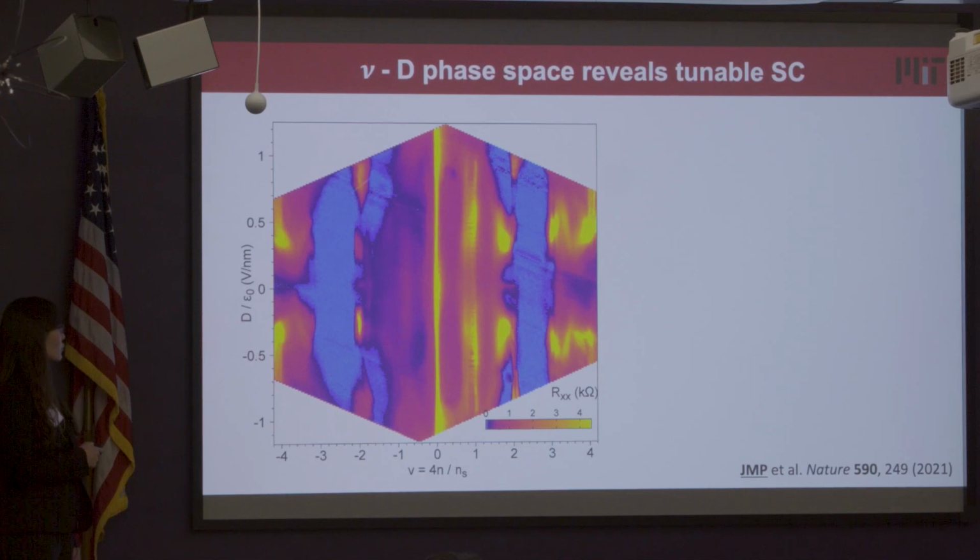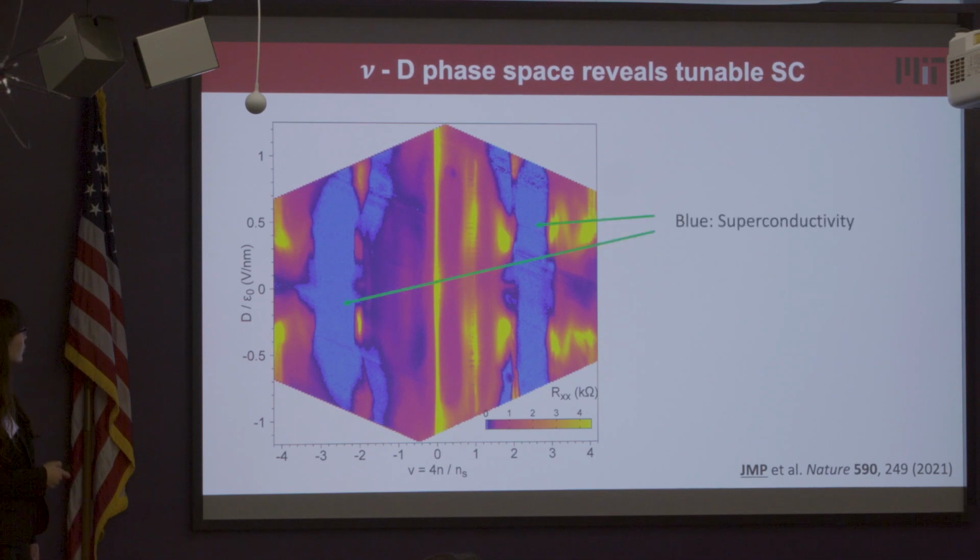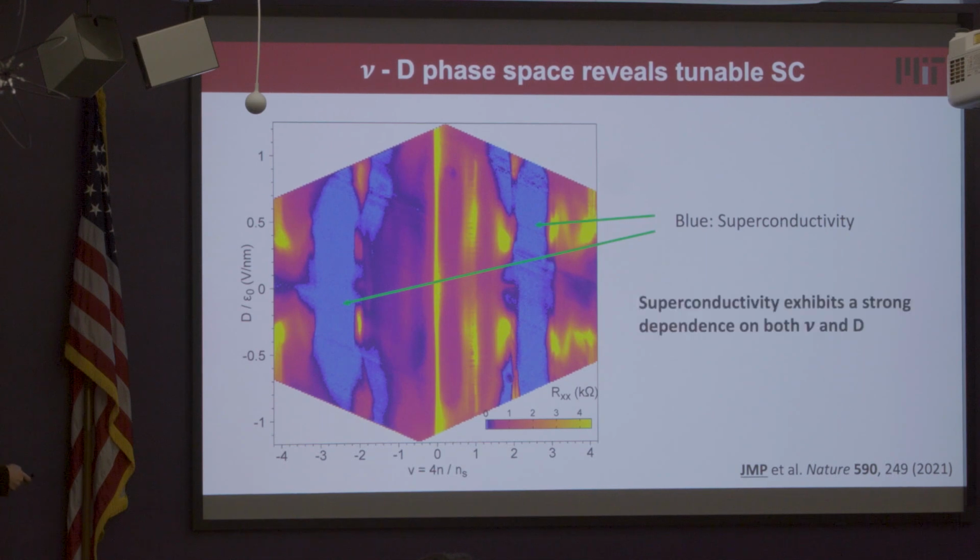There are a lot of features going on in this phase map, which I'm not going to go into the details of. You can refer to the paper. But I want to emphasize this blue region of zero resistance, which is basically the superconducting regions. You can already see that they're highly dependent on both the charge carrier density, or the filling factor, and the displacement field.